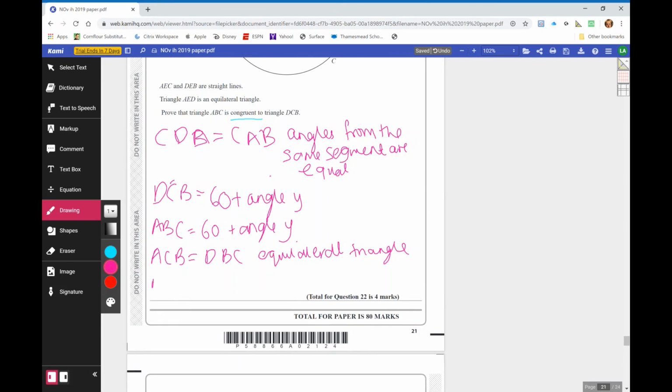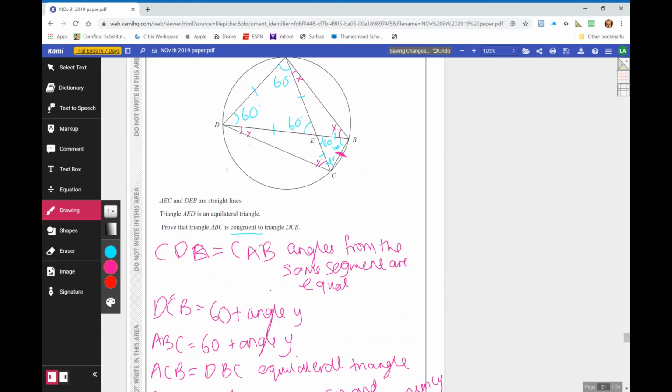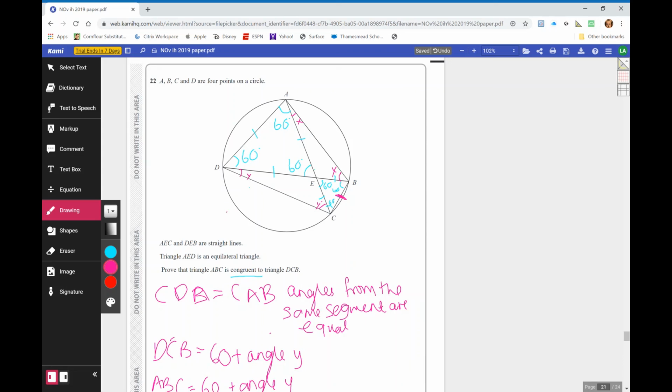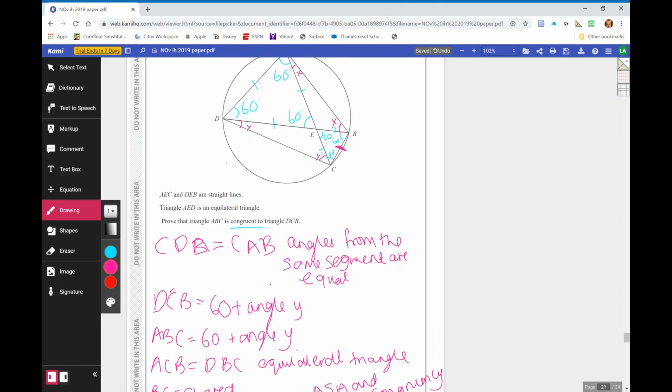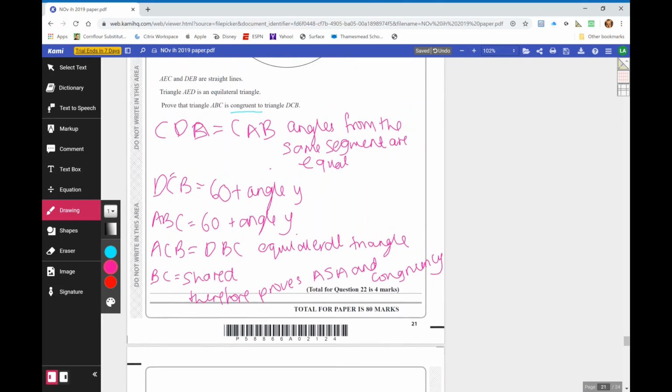So BC equals shared, therefore proves angle, side, angle, and congruency. As long as you've got one side length. I mean, you could say that these from the points to C are also the same, but it doesn't matter as long as you've got one side down there written down. Okay, so that should get you 4 marks on that question.